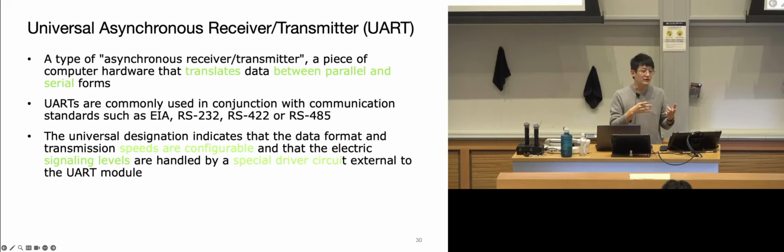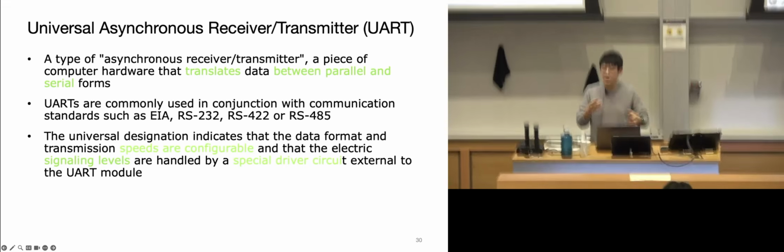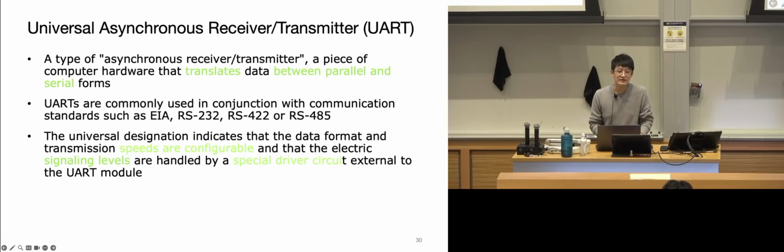If you guys have played around with Arduinos, the default was 9600, and then you can go all the way to 115200, or even higher if you have a more powerful chip. So you can have a speed configuration for each of these UART pairs. You can also have the signal level set for each of them as well.